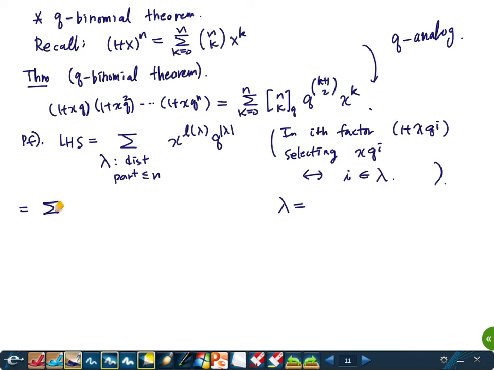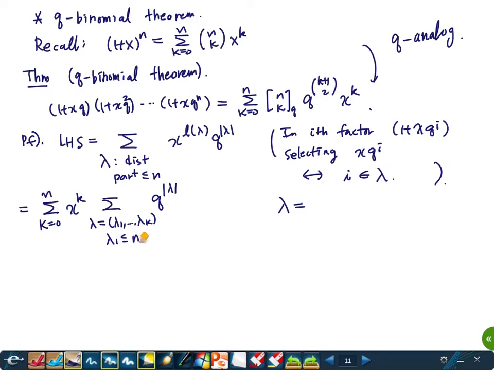Anyway, if k is the number of parts, k goes from 0 to n, x to the k. Now lambda is a distinct partition, but it has exactly k parts, so we may write it this way. We can rewrite this by collecting the partitions with the same number of parts, k. I just rewrote this sum. It has k parts, all distinct, positive integers, less than or equal to n.